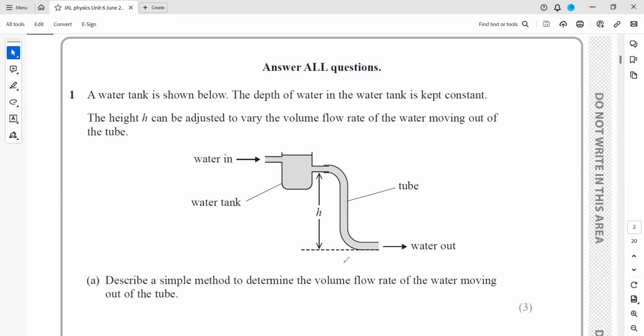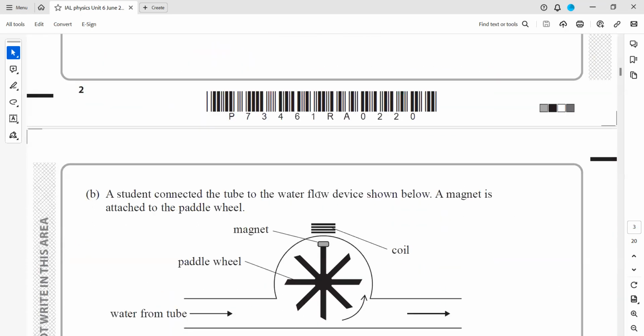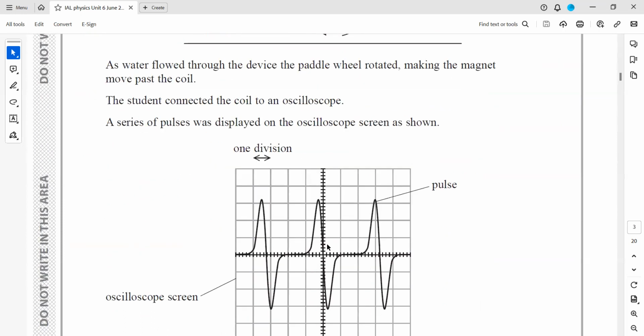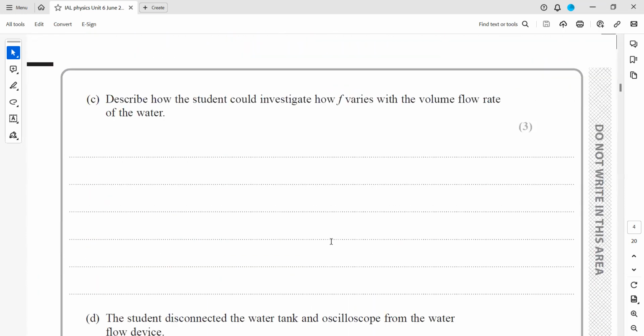It will only change if we change this height. So how can a student investigate how the volume flow rate affects the frequency, like the number of oscillations or vibrations of this wheel? The two quantities we are measuring here are the frequency and the height.